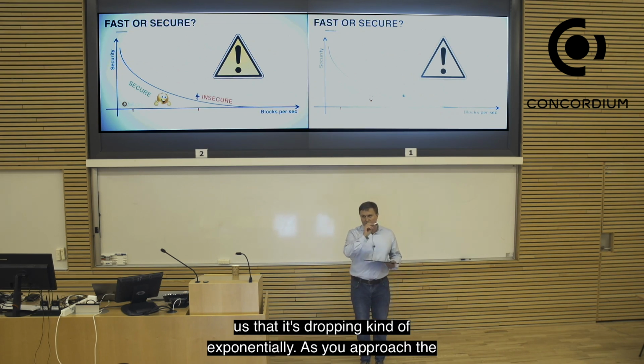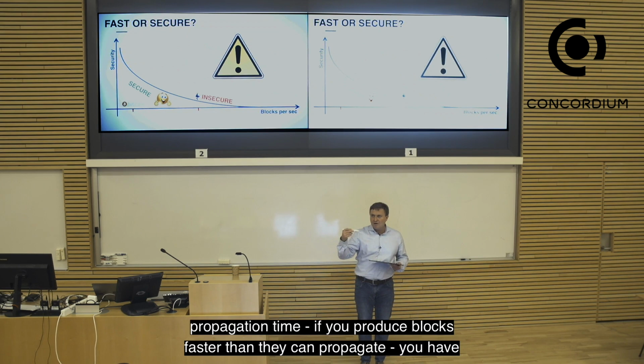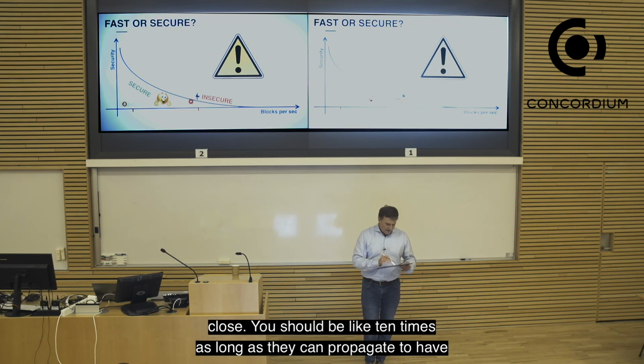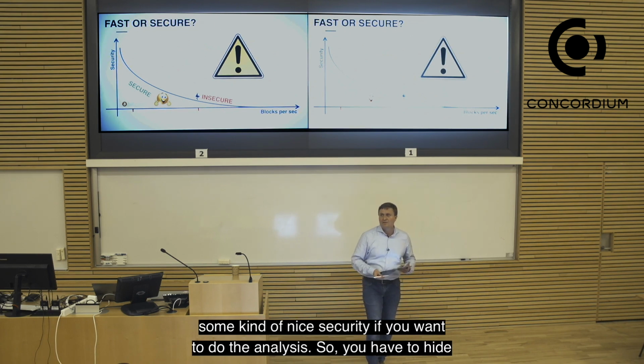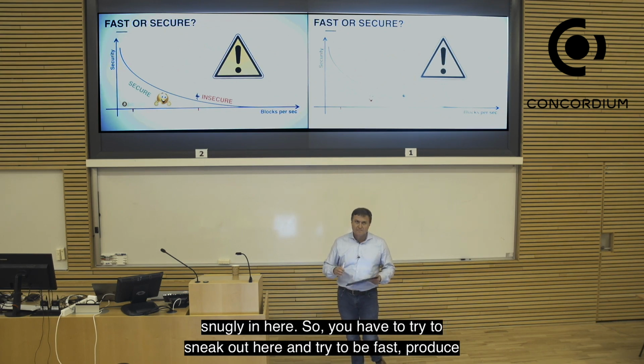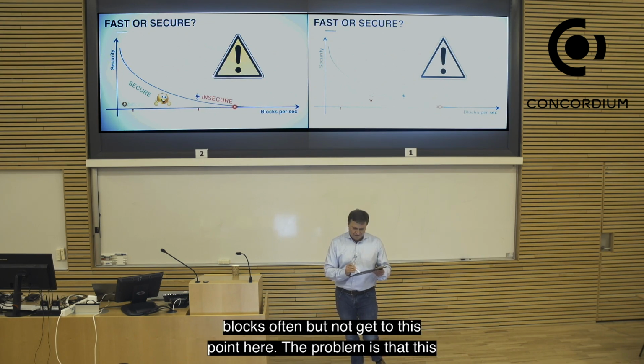As you approach the propagation time, if you produce blocks faster than they can propagate, you have no security. So you're hitting it out there. And it gets bad already if you get close, right? You should be like 10 times as slow as they can propagate to have some kind of nice security if you want to do the analysis. So you have to hide snugly in here. So you have to try to sneak out here, try to be fast, produce blocks often, but not get to this point here, right?